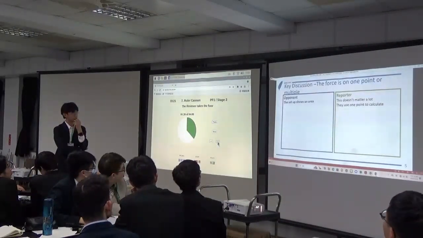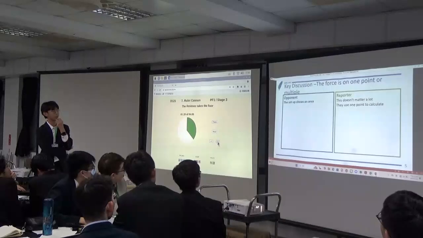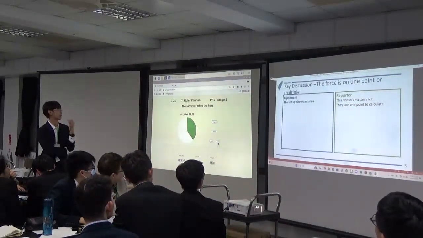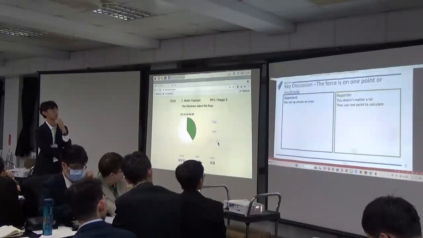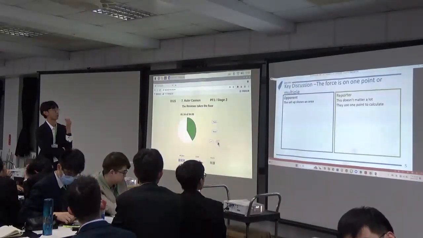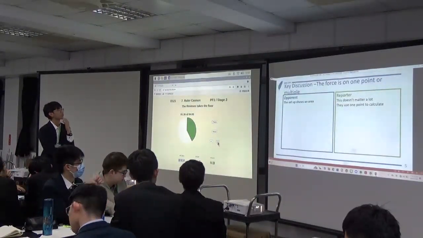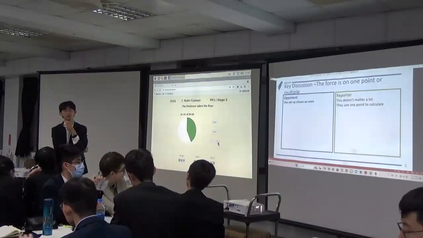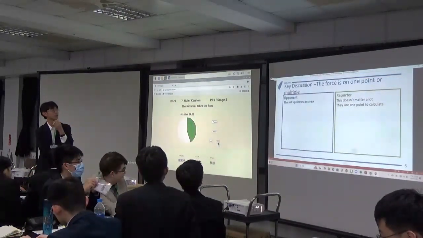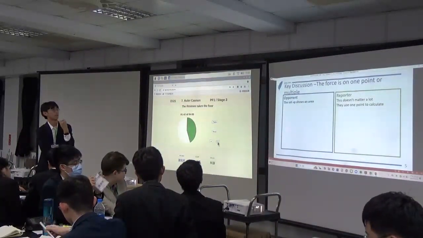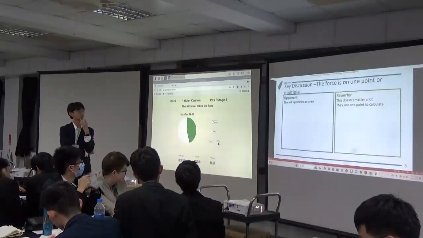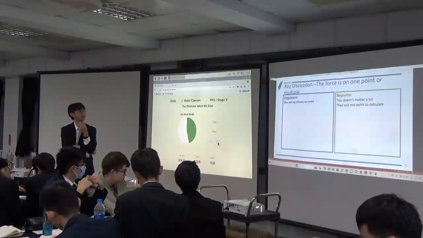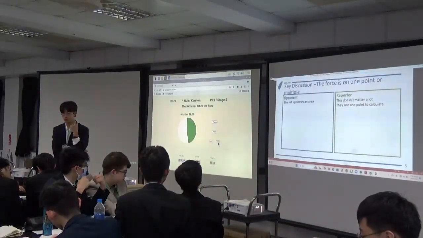The key discussion: the opponent asked the reporter whether the force is on one point or multiple points, and the opponent thinks that the setup shows an area, but the reporter refuses. She thought that this doesn't matter a lot, and they use one point to calculate.